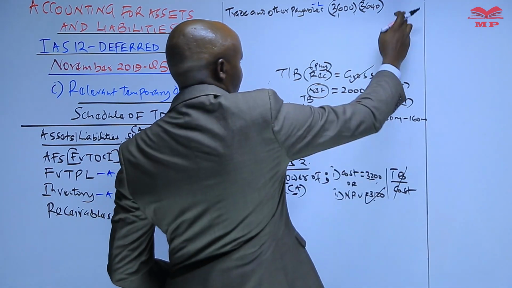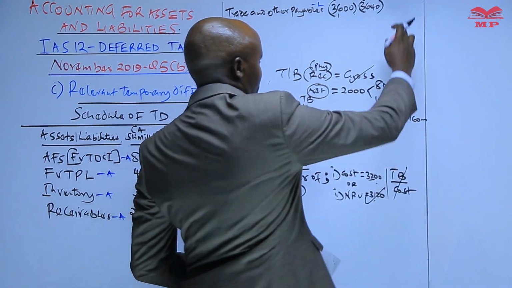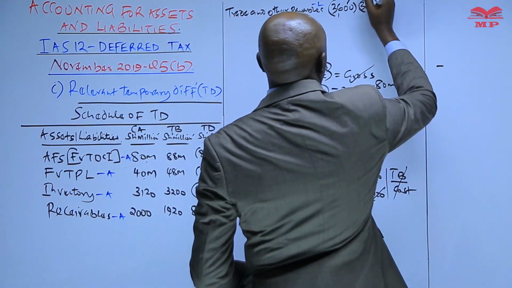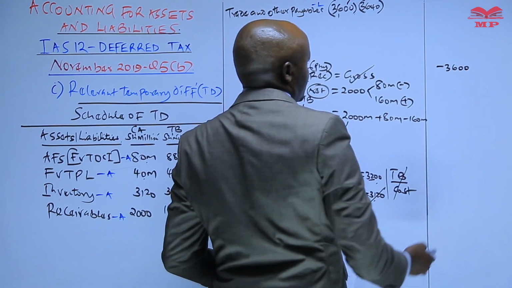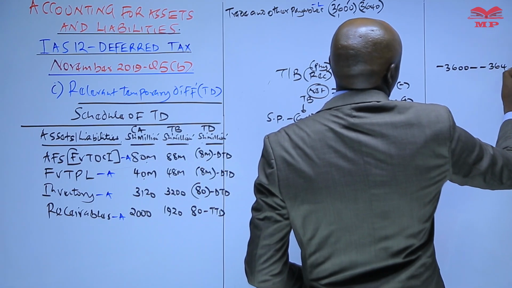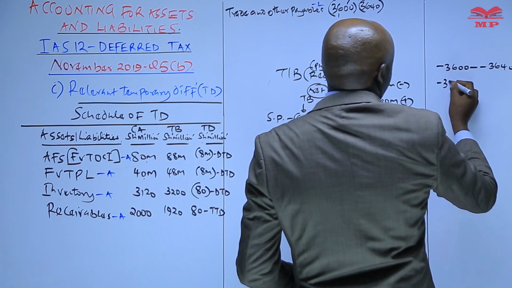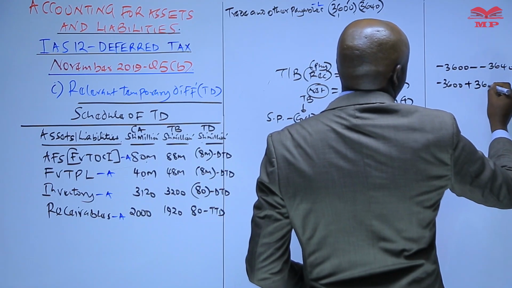So how do we therefore arrive at the temporary difference? To get the temporary difference here, we take the figure here, which is negative 3,600, and then to this we deduct negative 3,640. So a negative and a negative becomes a positive.